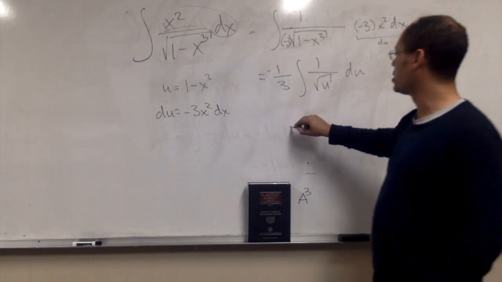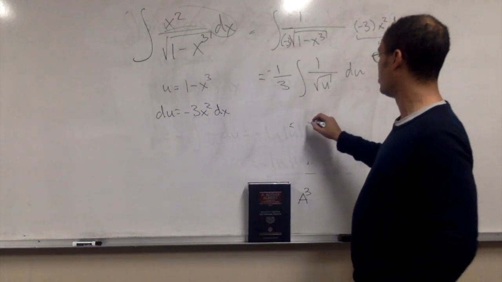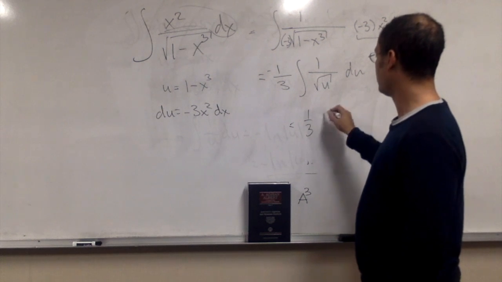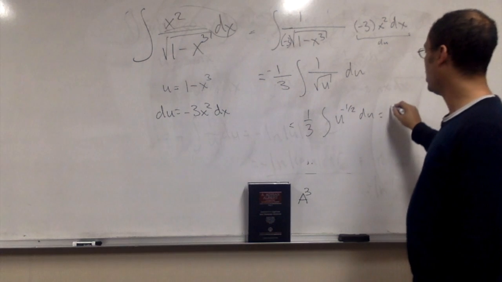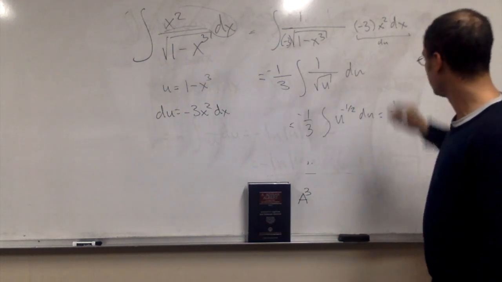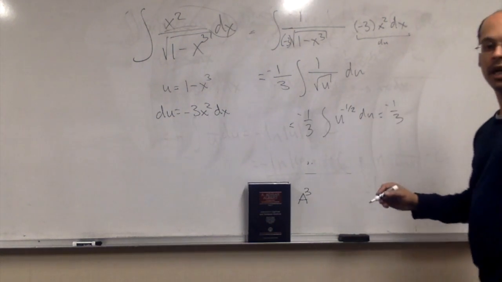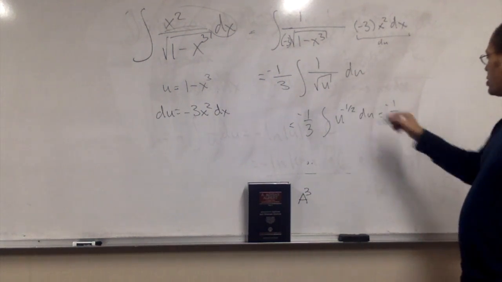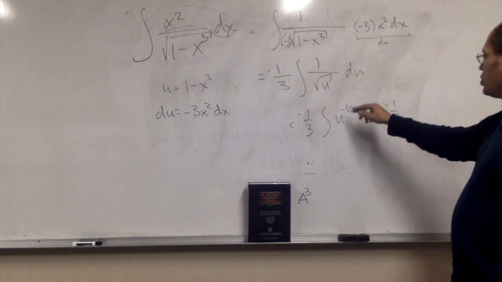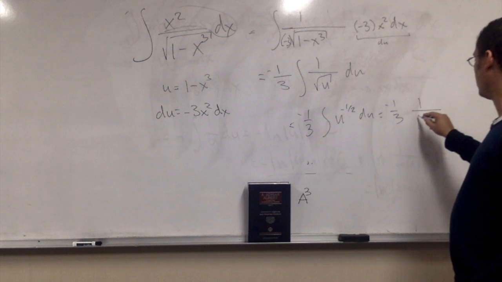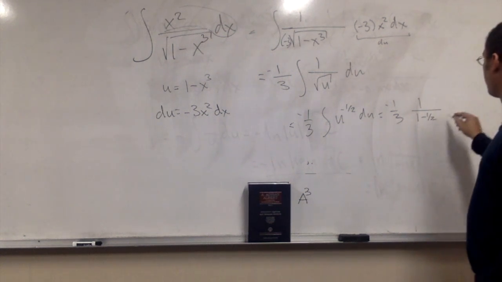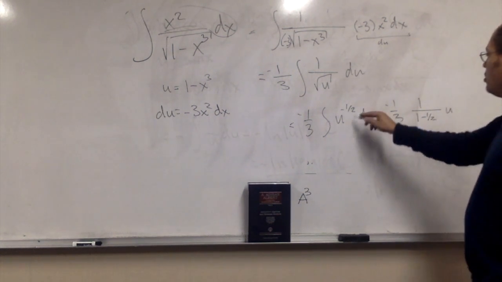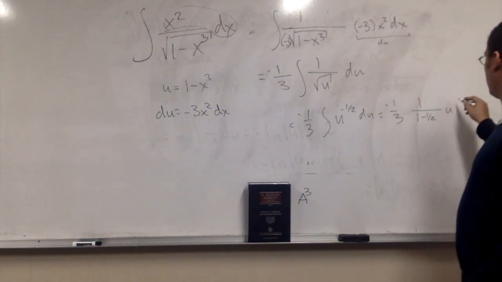Okay, so now we can finish this off with our good old anti-power rule, writing this as u to the minus 1/2 du, and the rule says that I just add 1 to the exponent, so this is adding 1 to minus a half, where I get 1 over minus a half plus 1, that is to say, u to the minus a half plus 1.